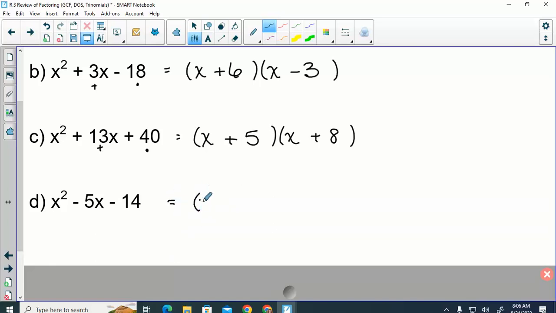So this one, x squared breaks into x. They have to multiply to a negative, so we know one's positive and one's negative. They add to a negative 5, so the bigger number has to be our negative. So negative 7, positive 2. Alright, I'm going to put a few up for you guys to try.